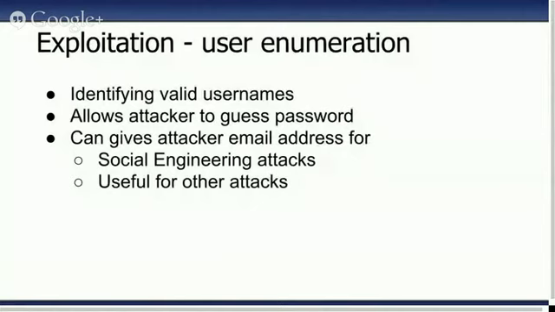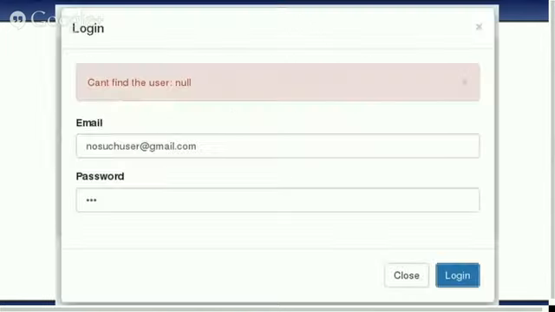User enumeration is taking the authentication part. What we're trying to do is work out the names or the email addresses of all the users on the site. And that will be useful for either social engineering or for brute forcing the password or for other things. There's a few ways of doing it, but basically in ArcPX's case it was quite easy.